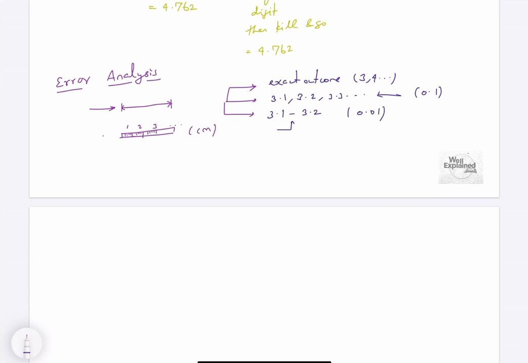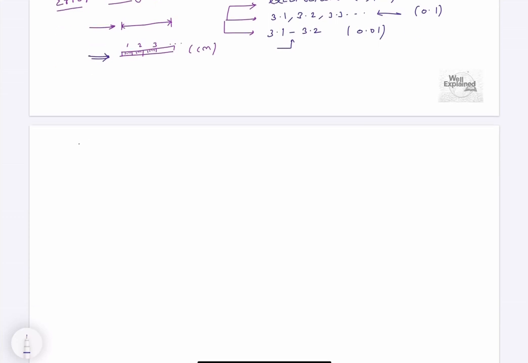Well, it is because of the instrument that you have chosen. It's called instrumental errors. There are actually three kinds of errors: random errors, personal errors, and least count errors. Let me just write it for you: random, personal, and least count. Random errors are caused by anything, various disturbances, and even the environment conditions and so forth.